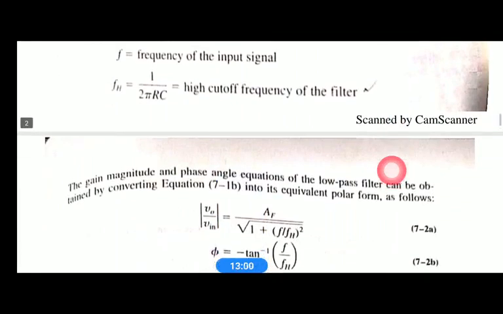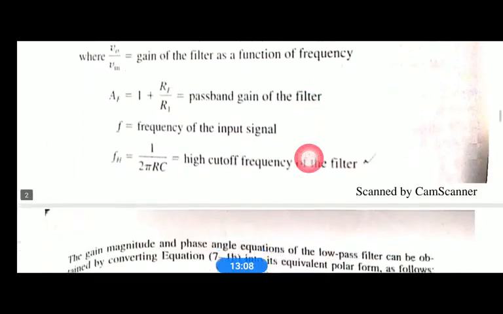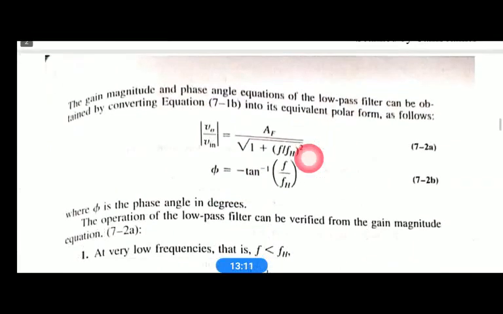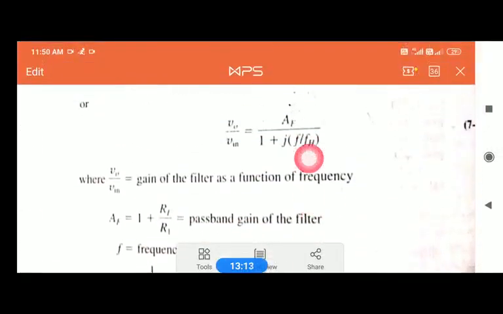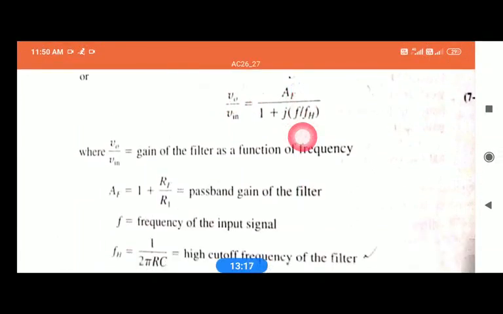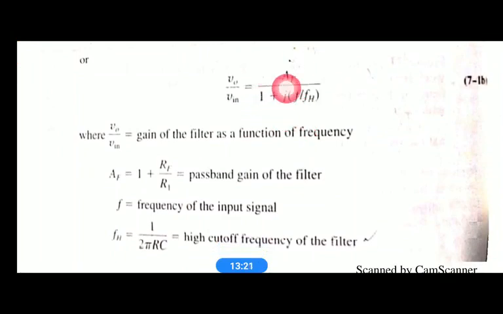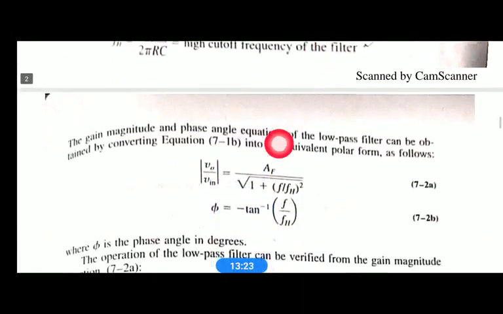So further, to analyze this gain for various frequencies, first we take this gain, which is in imaginary form because it has a j here. If you take the magnitude, the magnitude of Vo by Vin is AF divided by root of 1 plus (f by fH) squared. You know how to take a magnitude.